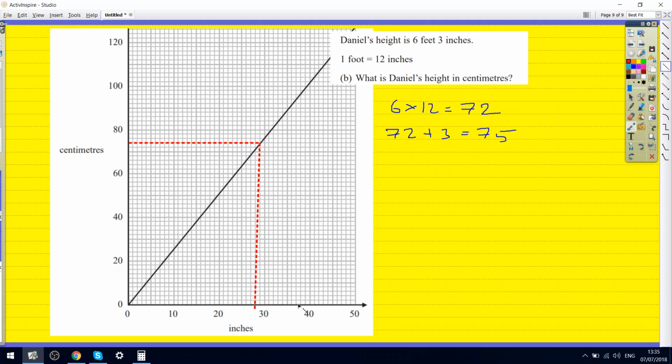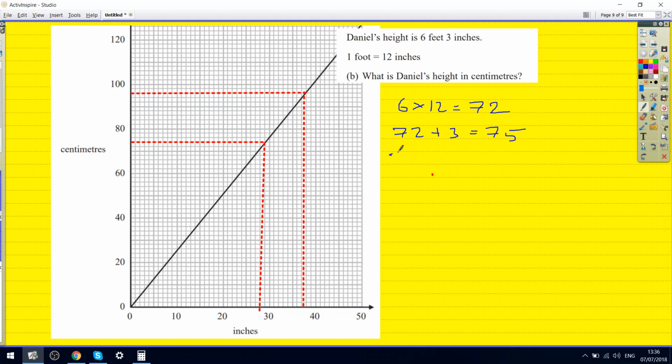That's 37.5. Go up, and it seems to be exactly on that line. If we go across, what number is that? 92, 94, 96. And then you times 96 by 2.